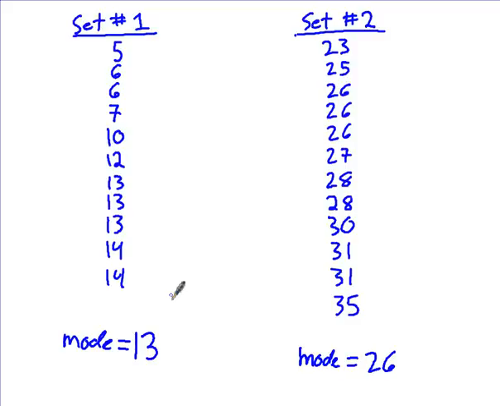But to find the mean, that's when you add up each individual measurement, or add up your data. In this case, in data set number 1, this adds up to 113. And then you have to count how many numbers there are. 1, 2, 3, 4, 5, 6, 7, 8, 9, 10, 11.